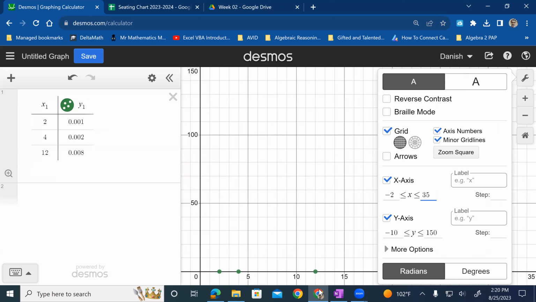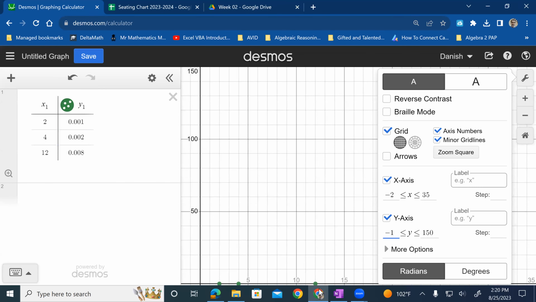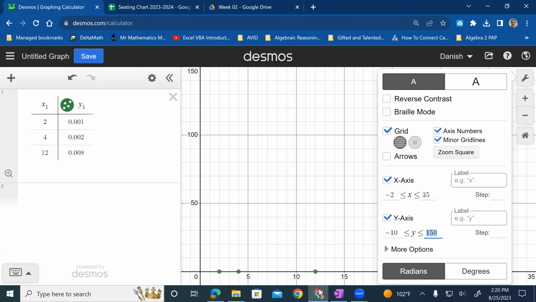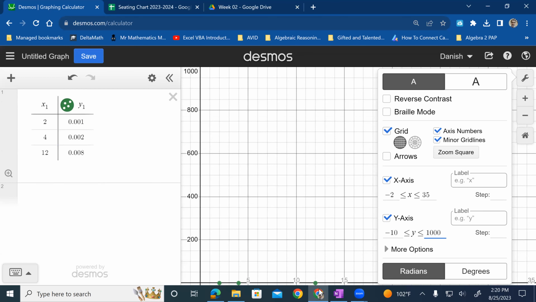And for the y-axis, I will start from -10 and take it up till 1000.